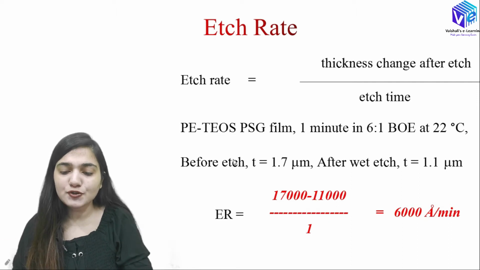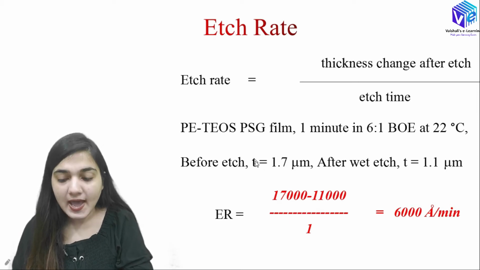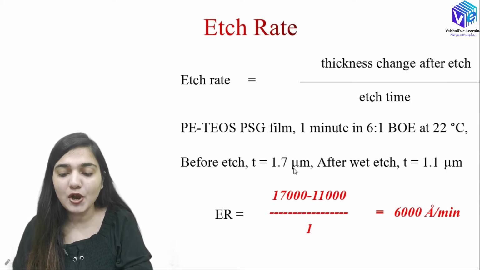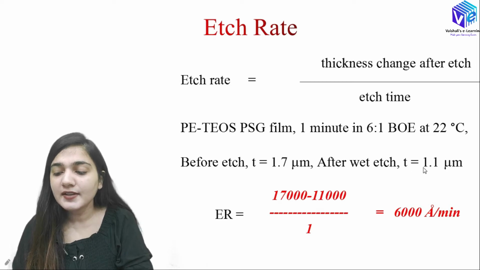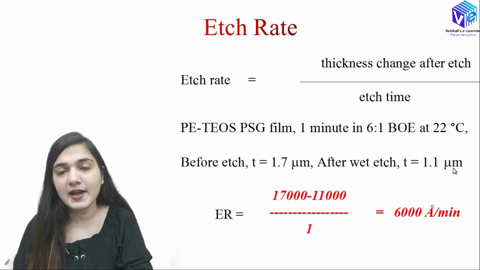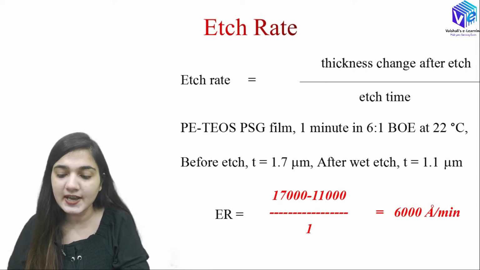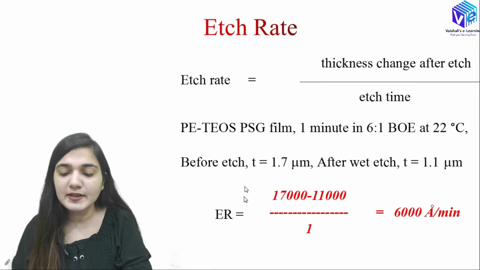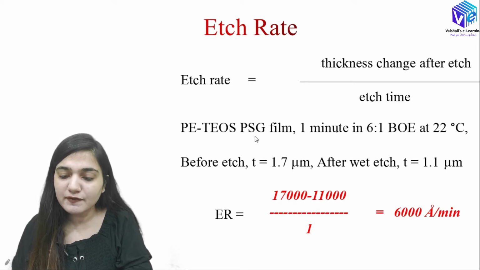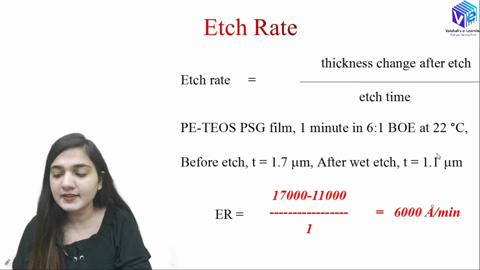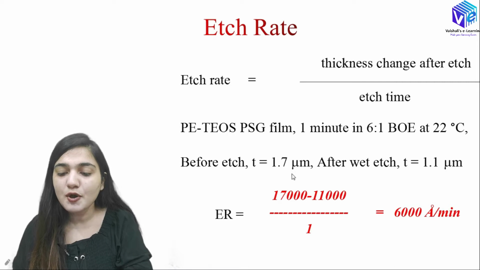Before etch, we have the thickness of 1.7 micrometer and after etch the thickness is 1.1 micrometer. Which type of etching have I used? I have used wet etching. So the etch rate will be equal to the thickness before etch subtracted by the thickness after etch. Before etch we have 1.7 micrometer.